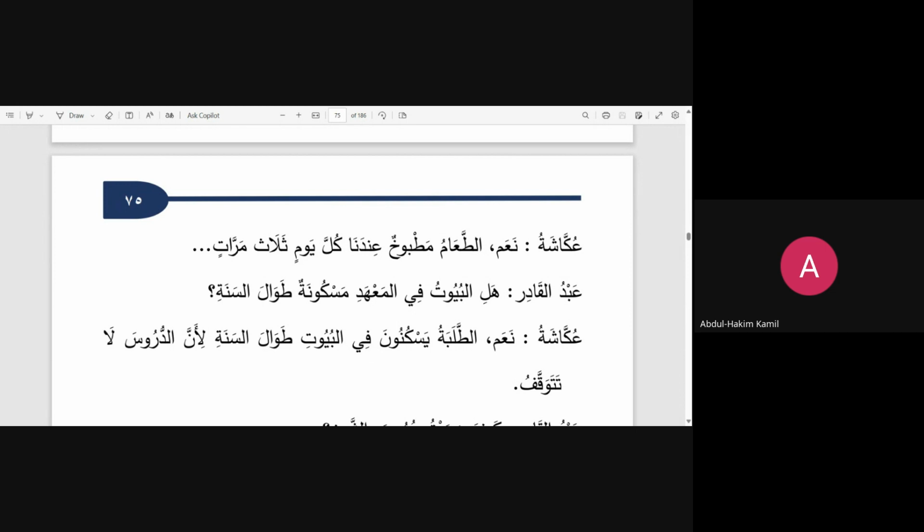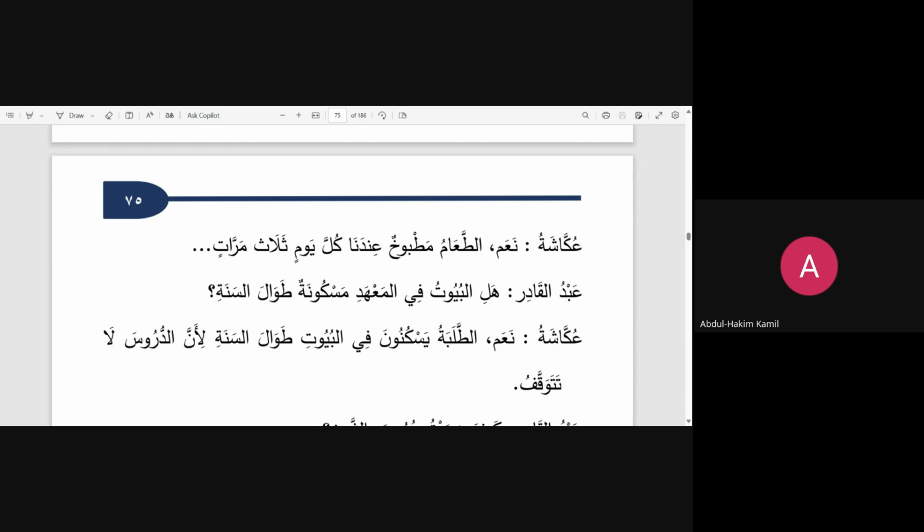Okay. What does this sentence mean? هل البيوت في المعهد مسكونة طوال السنة؟ طيب إن شاء الله. What does this sentence mean?